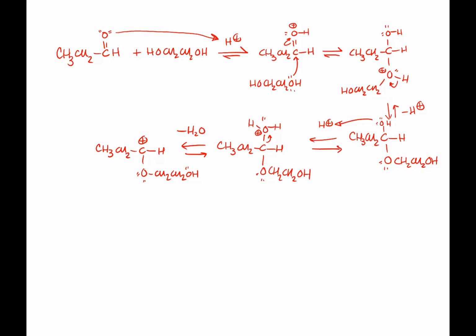But now what I'm going to do is take the other OH group and wrap it around and add it to the oxygen. Now, there's a couple ways to draw this. We can draw it like I had shown before.